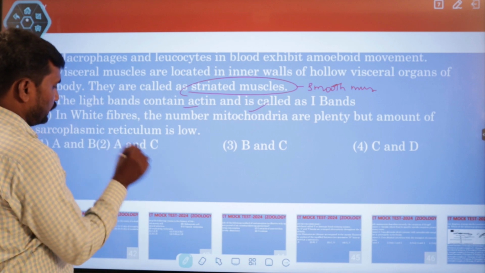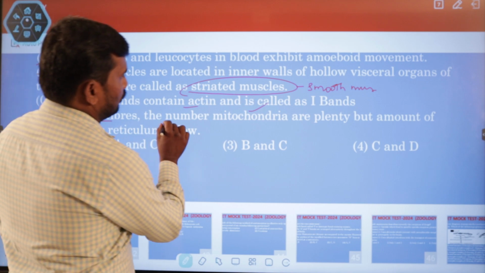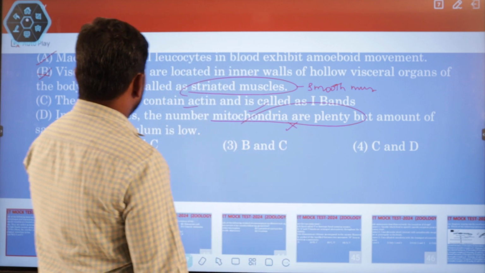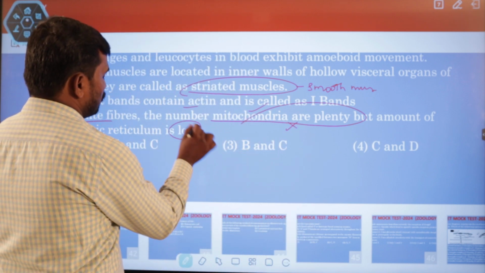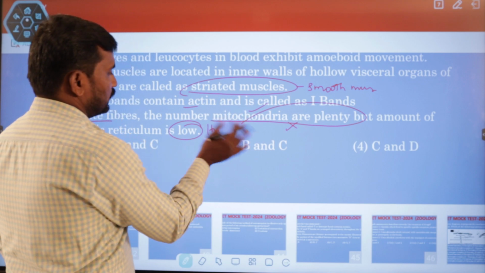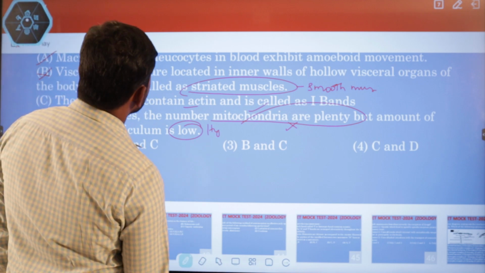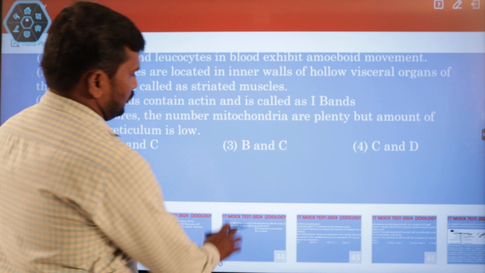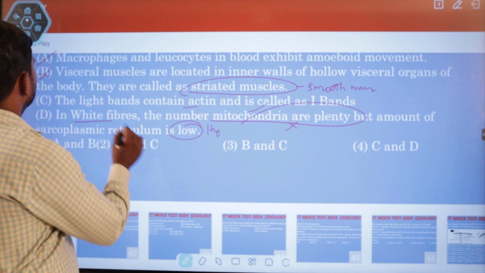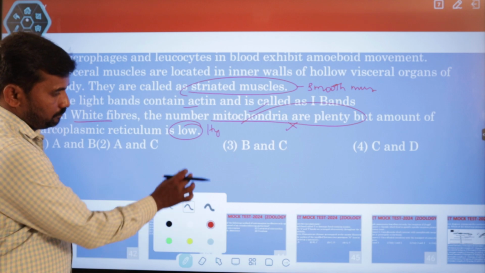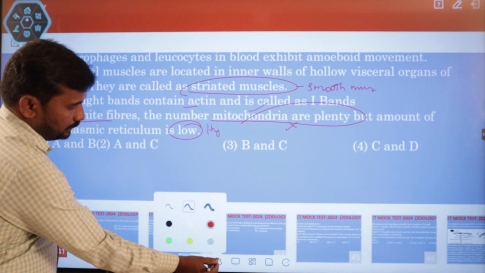See the question: in white fibers specifically, the number of mitochondria is not plenty, it is very less. The amount of sarcoplasmic reticulum is not low, it is also high. So the incorrect statement is B.